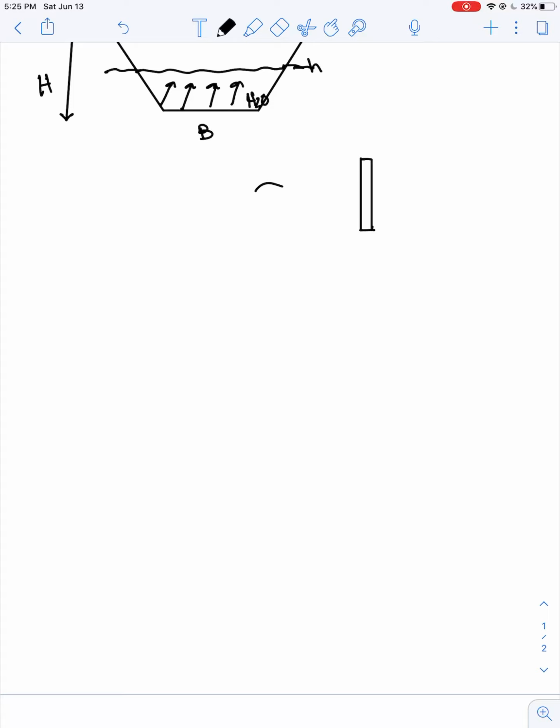And here is the water. Here's the water level, h, and here's the entire height H. So we're trying to find an expression for the horizontal force of the water in this direction on the vertical dam that is in the shape of a trapezoid.